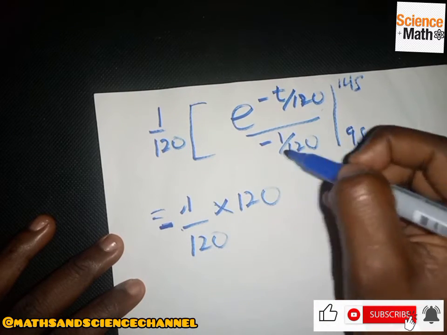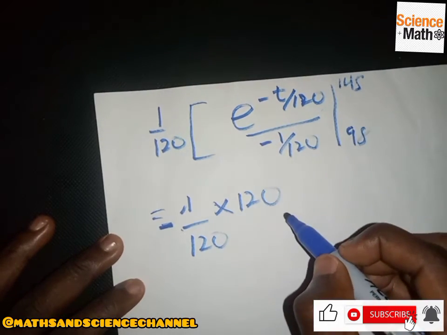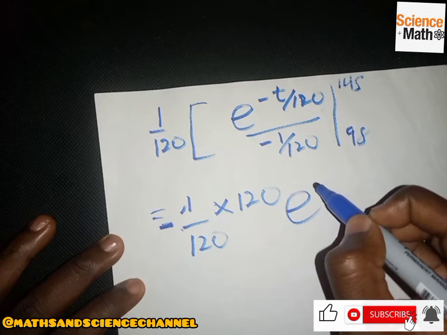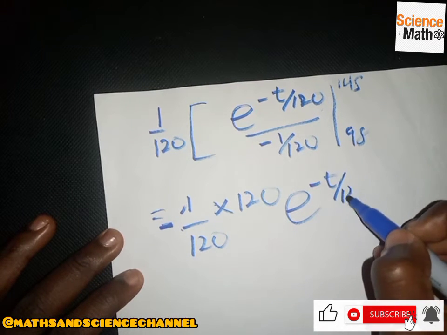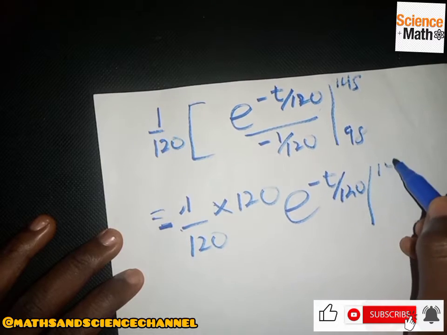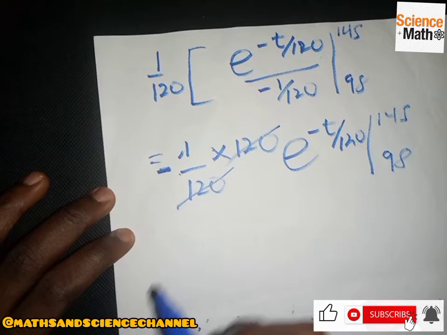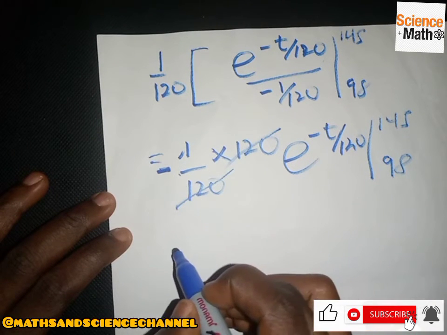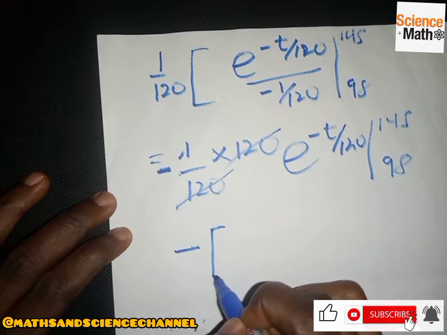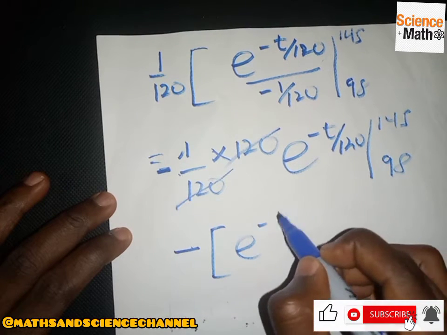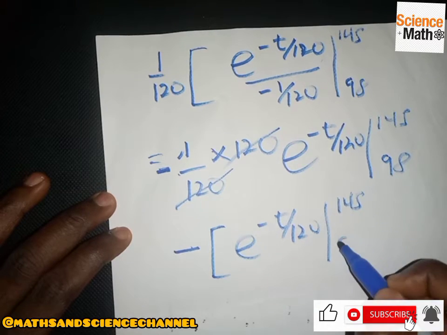When we simplify that, the 120 goes to the top, and then we have e to the power minus t over 120, from 145 to 98. So from here 120 cancels 120, and we have just negative, and then let's compute that.